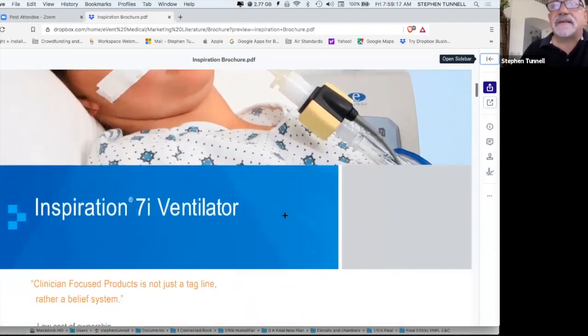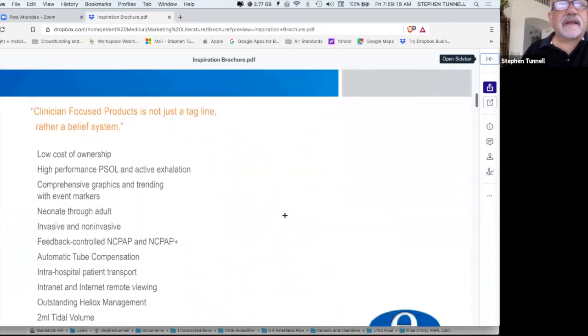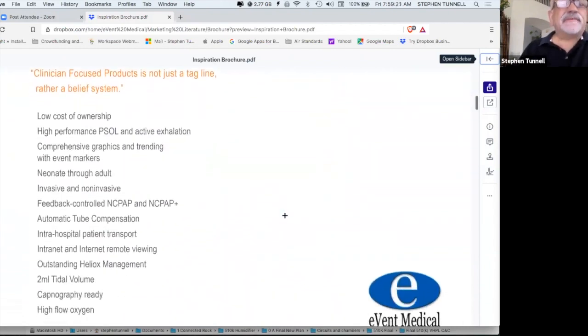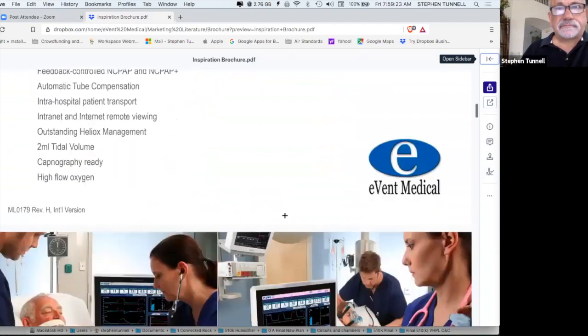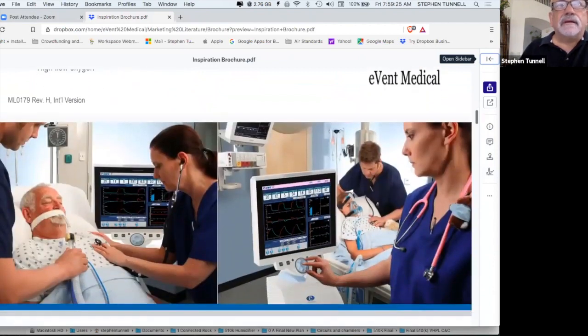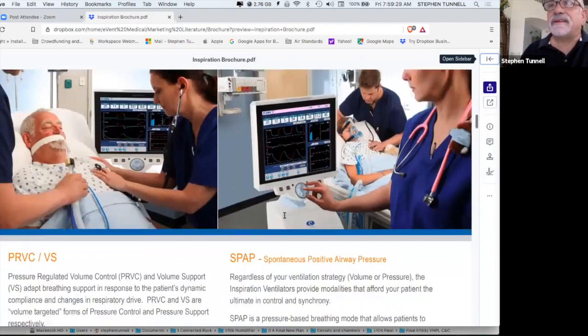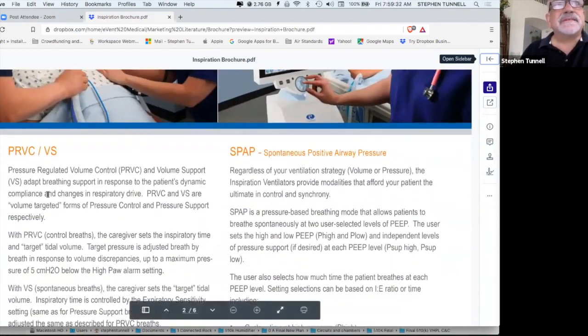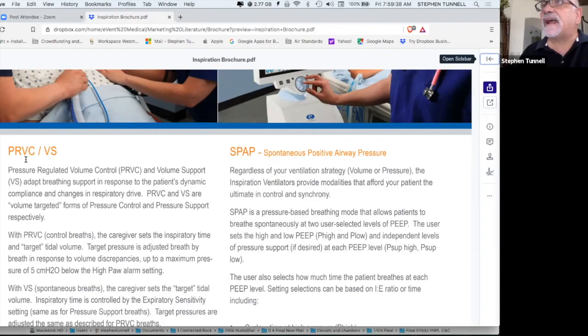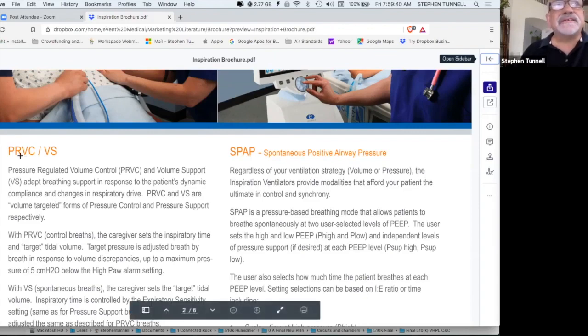And this is a classic brochure of ours with all our taglines and some of our key features. A couple of simulated therapists treating the patient. And then these are some of the highlighted features, the modes that are very important that people want to see if your ventilator has. We mentioned these earlier, things like SPAP.